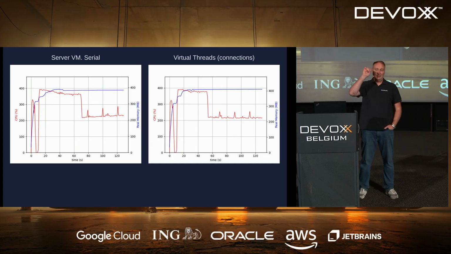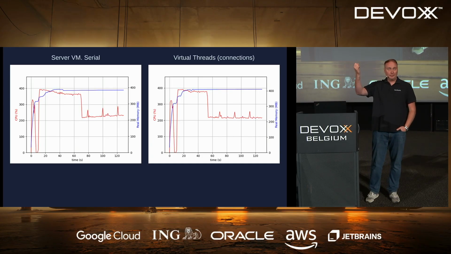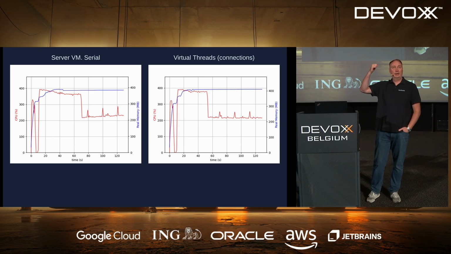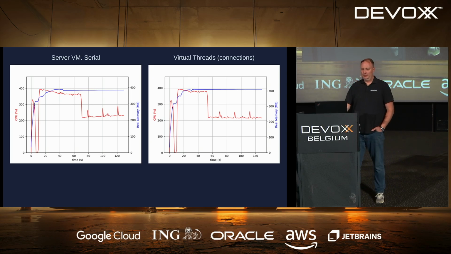So we'll use the same setup with serial GC and compare what happens if we just switch on virtual threads for the incoming connections pool. You see there's not a big difference, right? There's no intense calculations or so. And we actually don't spend too much memory.